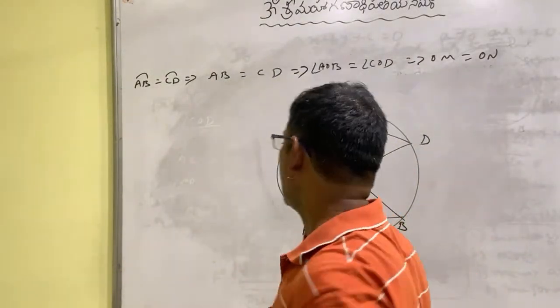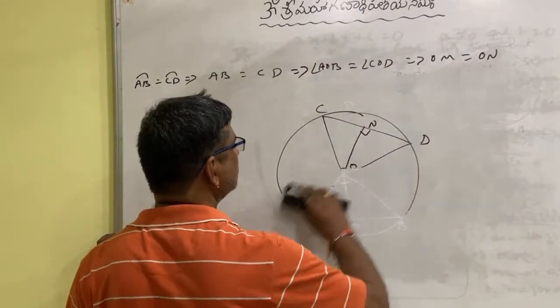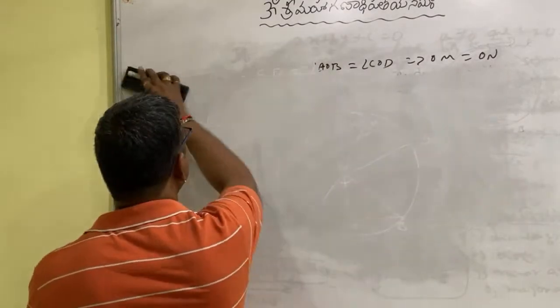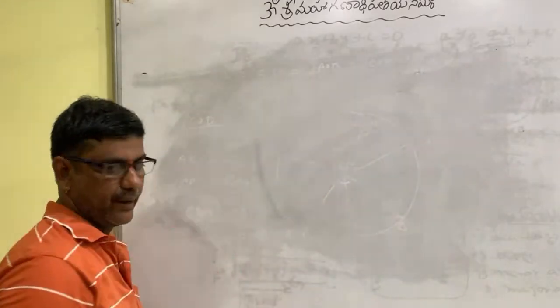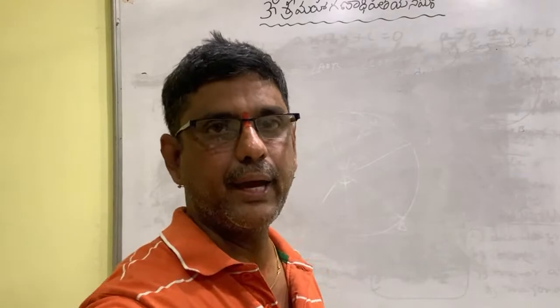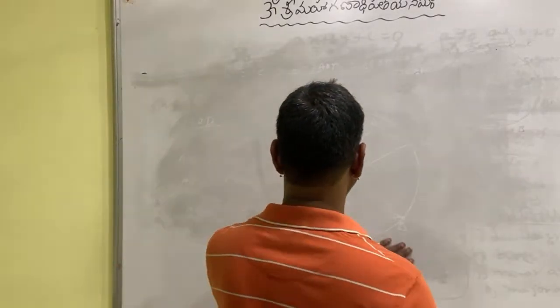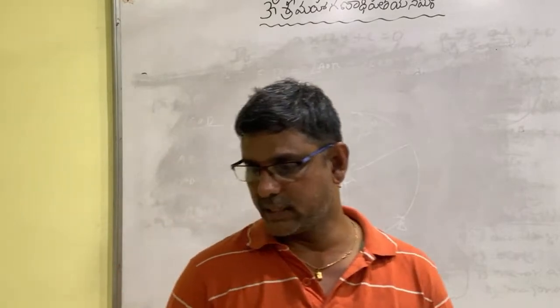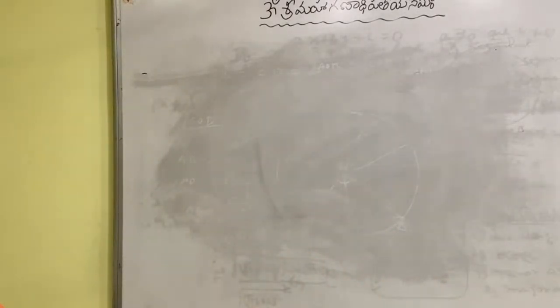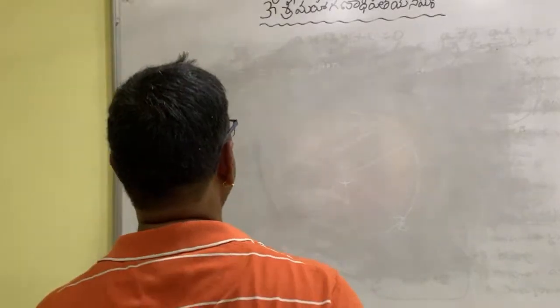Now, I will explain one theorem over here and then close this class for today. Okay, what is the theorem? There are two circles.